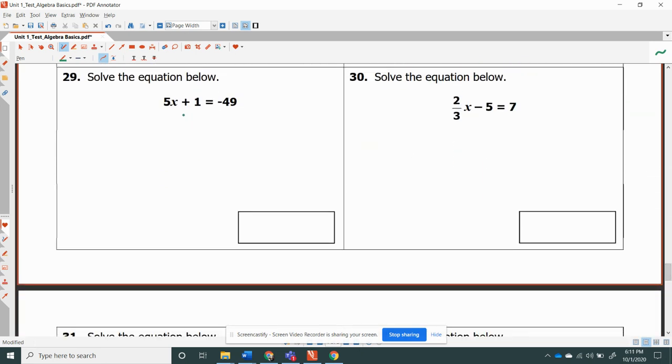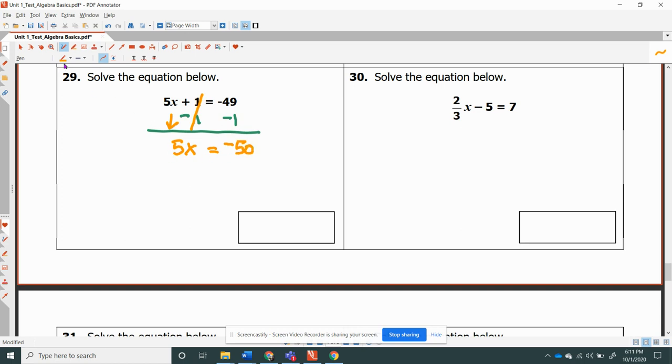Now we're going to solve this equation. Let's subtract 1 from both sides to keep the scales of algebra justice in balance. And we bring down 5x. Positive 1 and negative 1 cancel. Negative 49 minus 1 is negative 50.